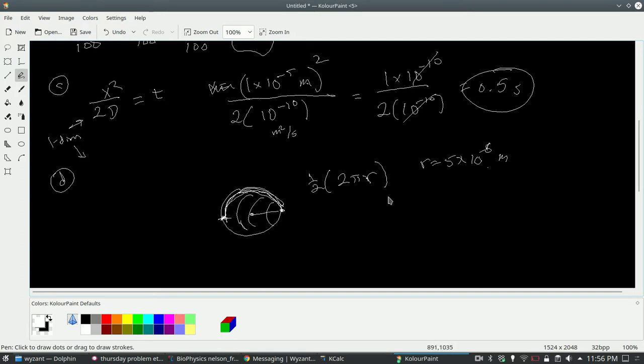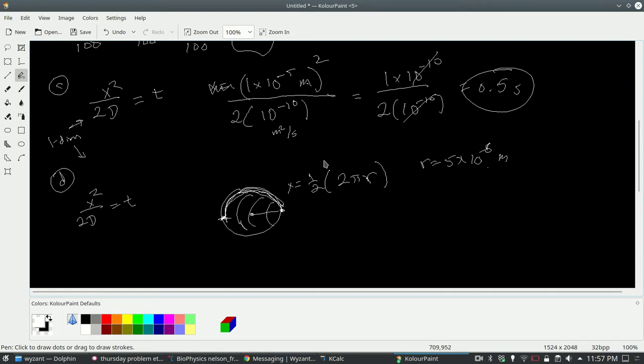Right? So let's see what happens here. I'm going to do this as a one-dimensional problem, so x squared over 2D, and the x is going to be equal to 1/2 of the circumference, because the path is a semicircle.